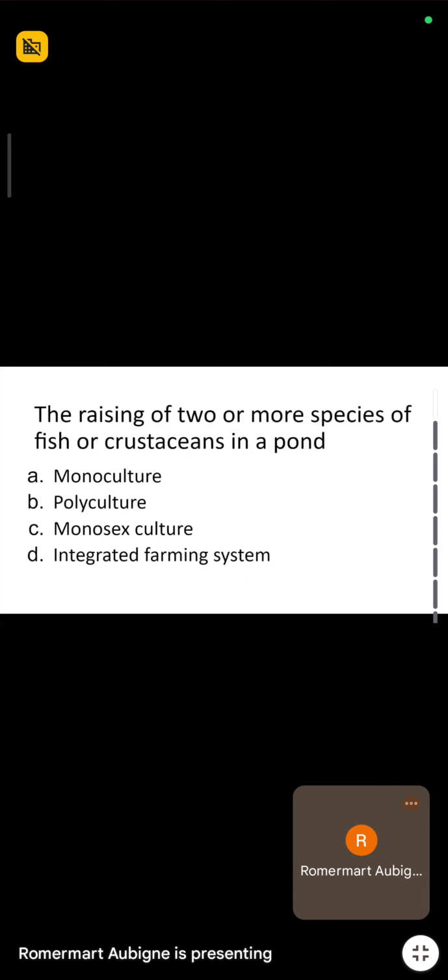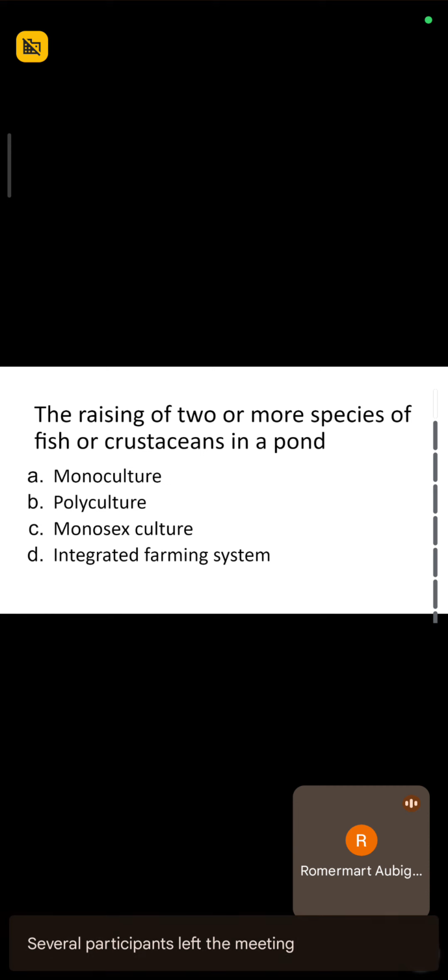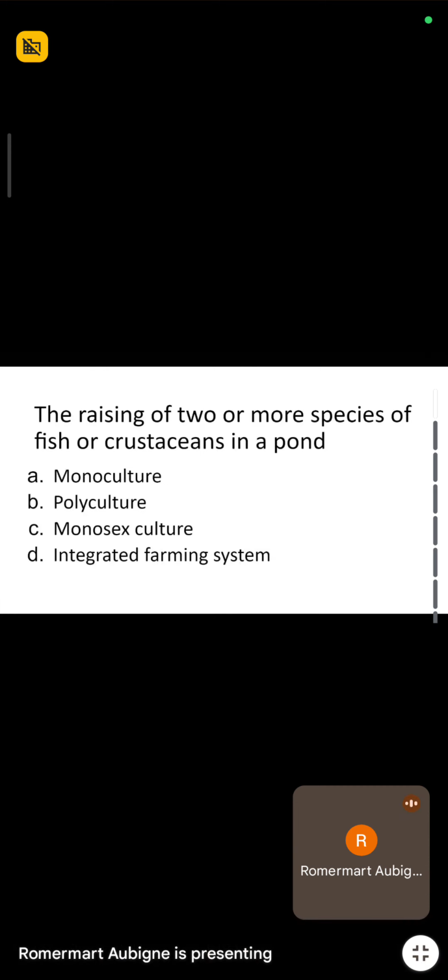Next, the raising of two or more species of fish or crustaceans in a pond. Ano pong tawag natin dito? A. Monoculture. B. Polyculture. C. Monosex culture.